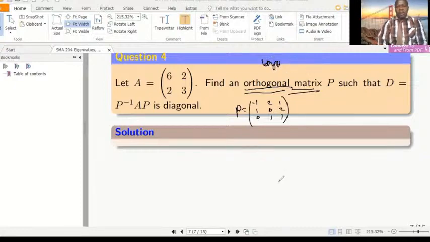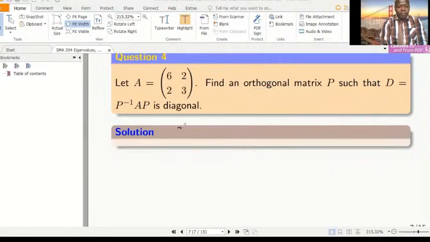So we shall see how that happens. We looked at that notion before. The only different thing here is that we shall get the eigenvectors and normalize them first before we form P.